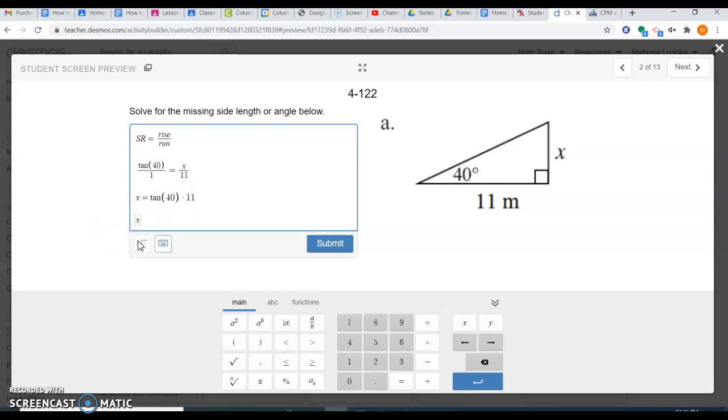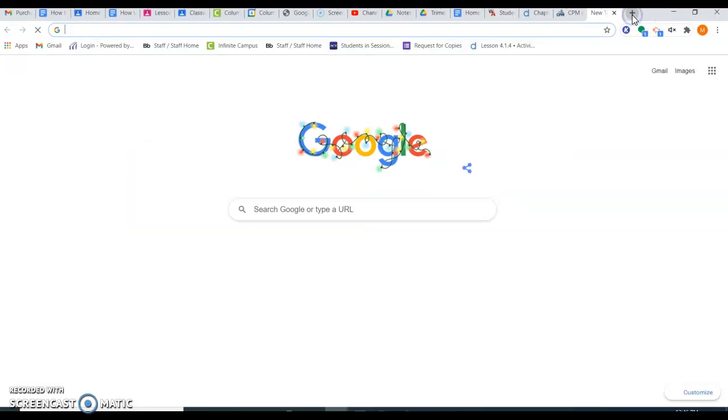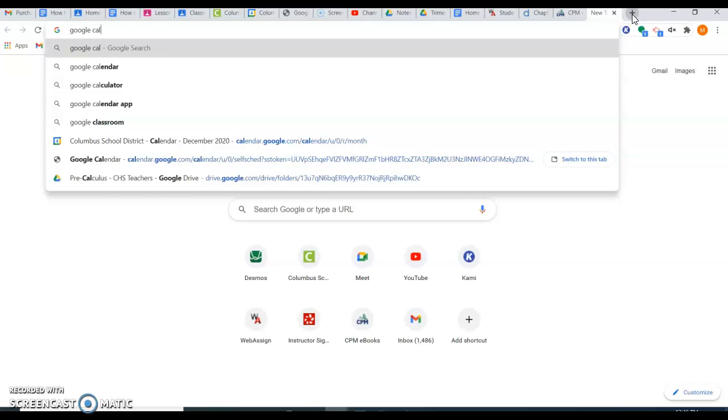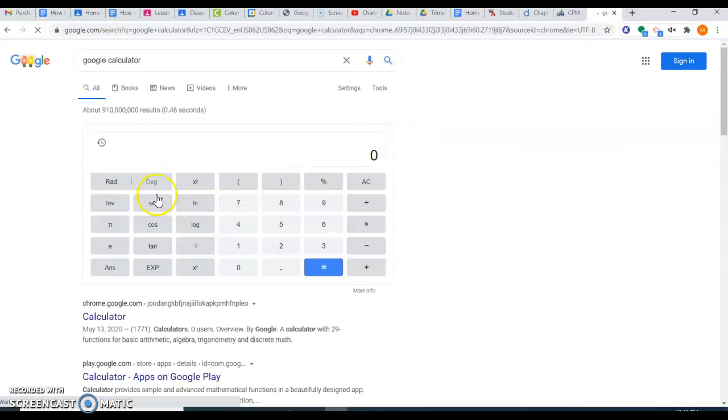Again, I can't stress enough, make sure you find a way to make sure your calculator is in degrees. Even to show you, if you go to the Google calculator, you'll see RAD or DEG. It usually starts in rads. We want it to be in degrees. So if we do the tangent of 40, we should get this as our answer.